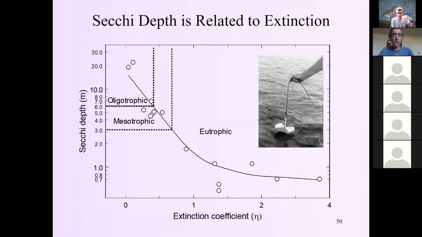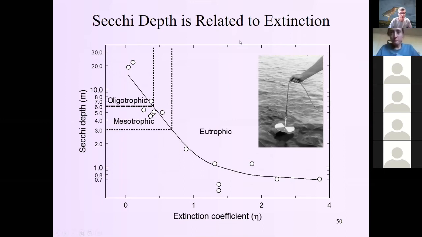So the greater the attenuation coefficient is, the less light it's going to go, so the more shallow the Secchi depth is going to be. This has been used in a lot of volunteer lake monitoring. You can send people out to their neighborhood lake and have them measure Secchi disk every week if you want, and have them measure it year in and year out. Is your lake getting clearer, or is it getting less clear?